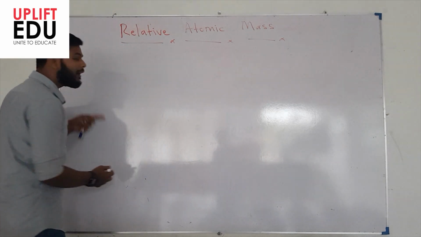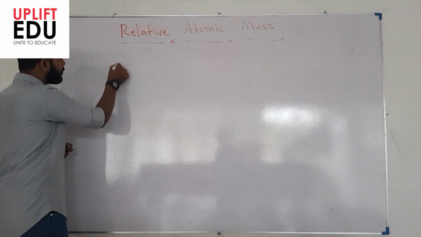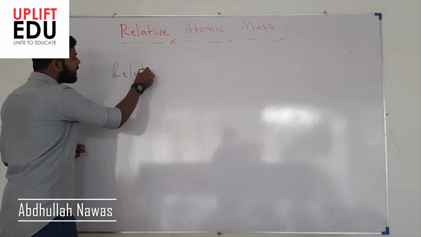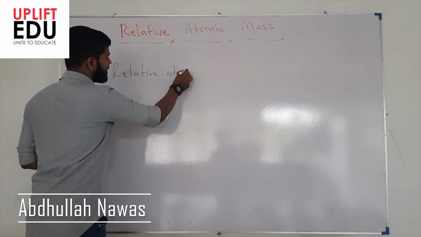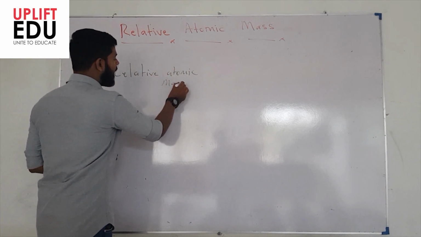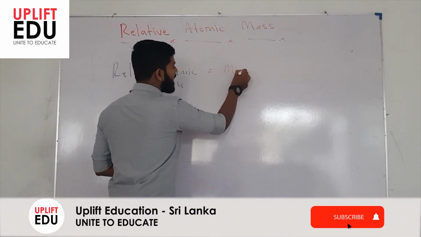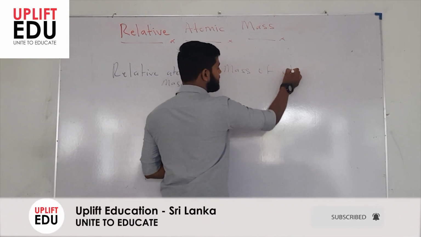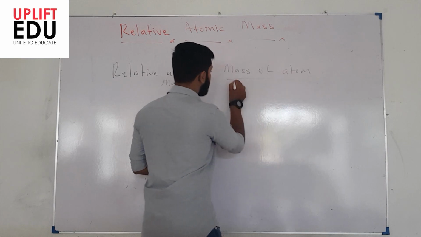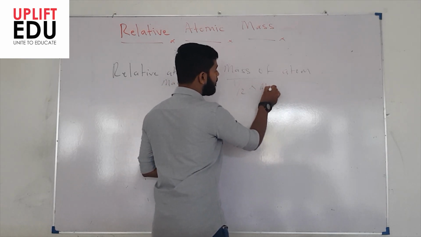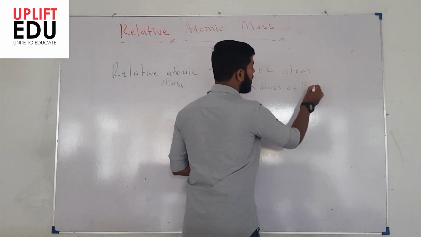So they are asking to find the relative atomic mass. We have to write the formula for relative atomic mass: relative atomic mass is equal to the mass of the atom divided by 1/12 of the mass of the 12 carbon isotope.